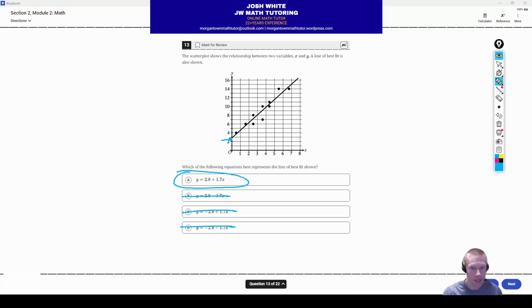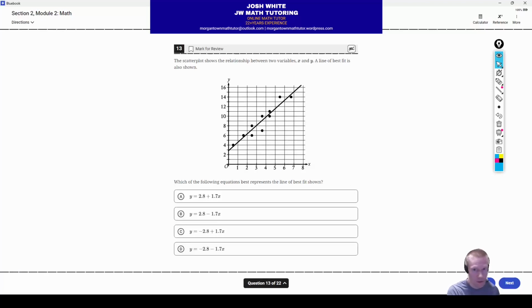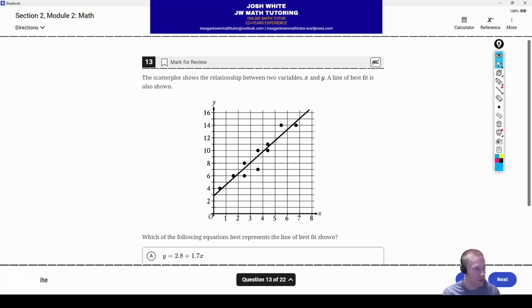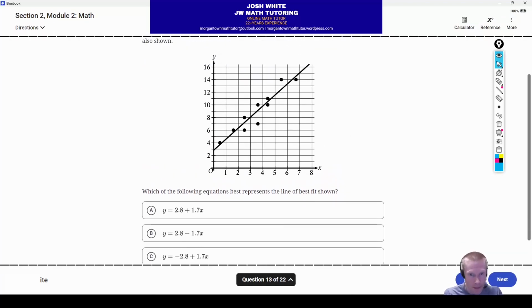Now, just to show you, if you want to confirm, you could also go to Desmos, and basically what you want to pick are points on the line itself. Let me see if I can scroll in here just to make it a little bit larger.